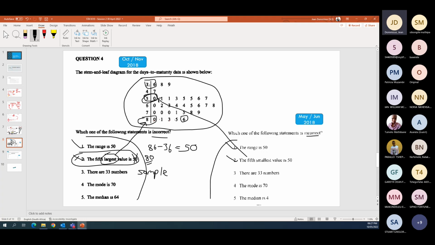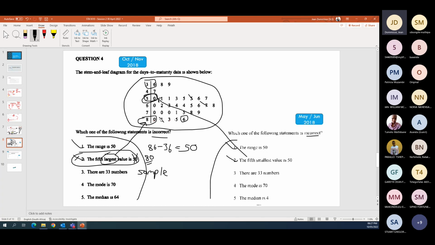The way to get that is just to count all the numbers. 1, 2, 3, 4, 5, 6, 7, 8, 9, 10, and so on up to 34. Okay, now I'm not getting the same, so let me do it again. 1 to 10, 1 to 10, 1 to 10.